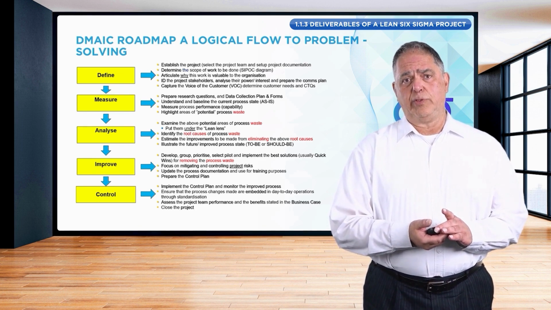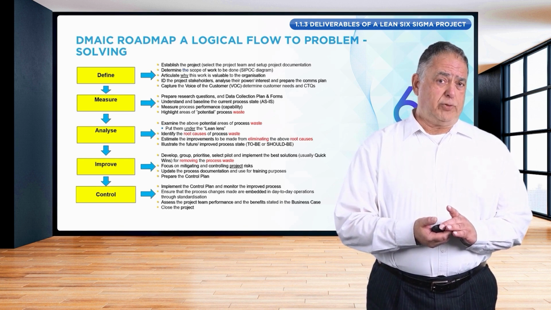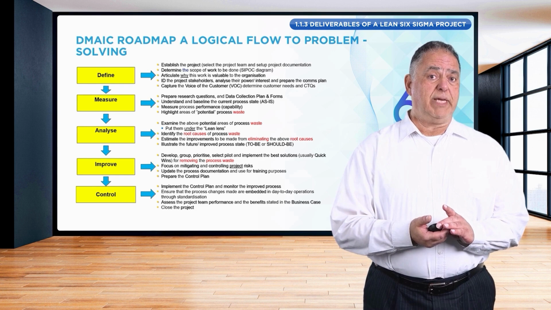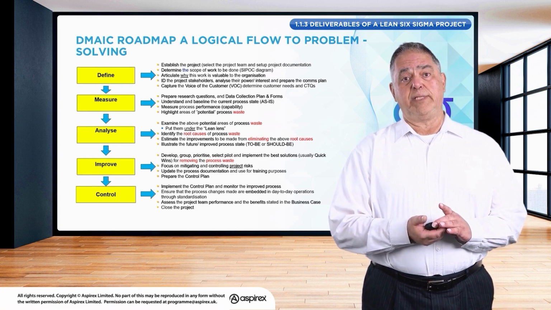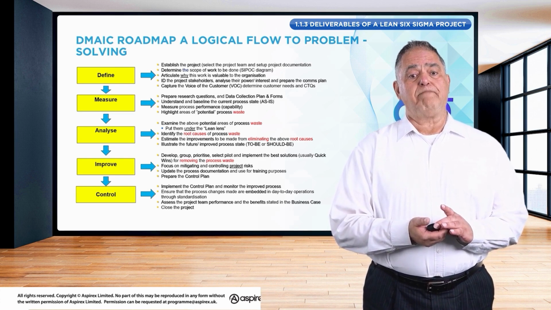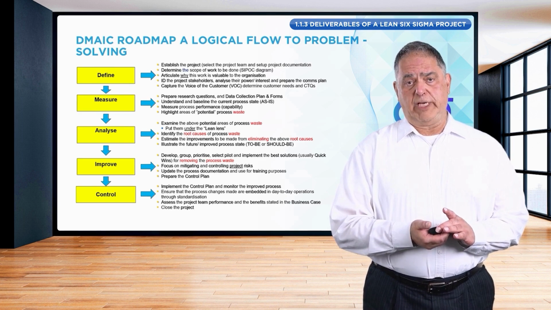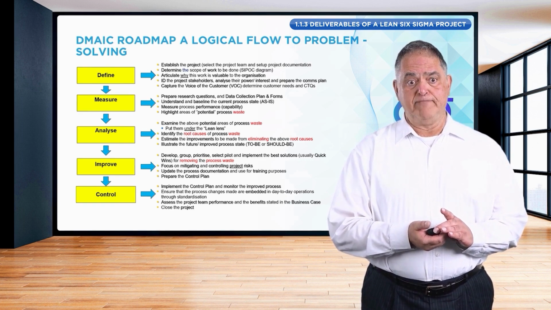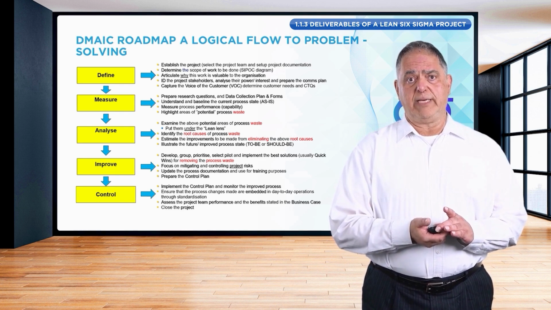And later, we're going to learn about the potential process capability, which is indicated as CP, and the actual process capability, which is indicated as CPK. And finally, we have to highlight areas of potential waste on the current state process map. This completes the measure phase of DMAIC.